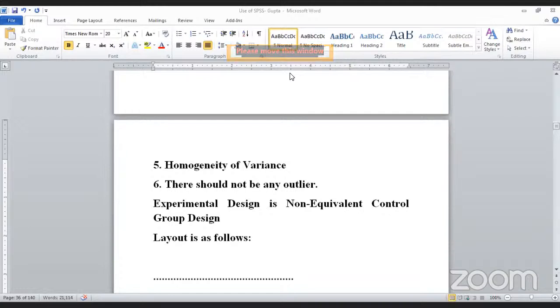You are not controlling any intervening variable in case of ANOVA. But in case of ANCOVA, you have the intervening variables which can be controlled. So this is the major difference between ANOVA and ANCOVA.